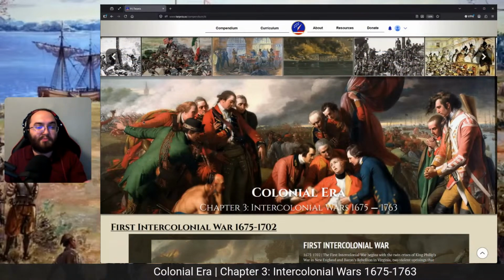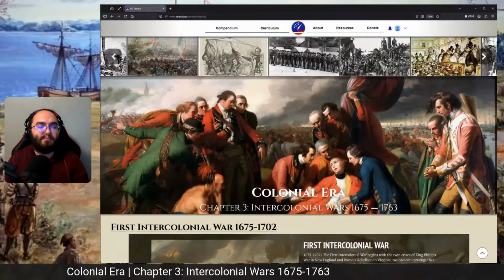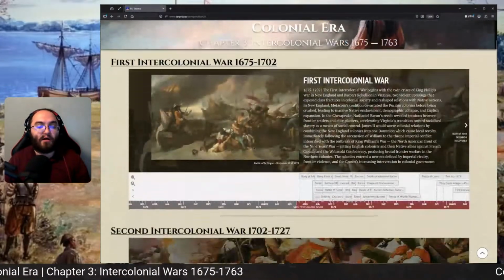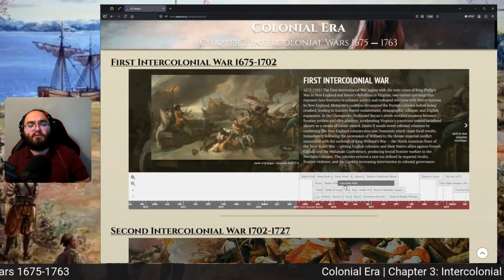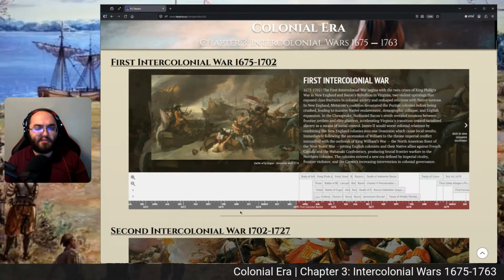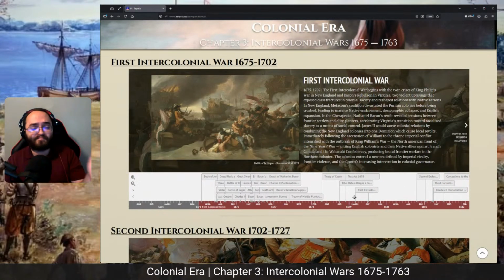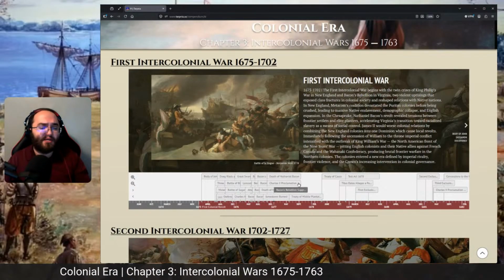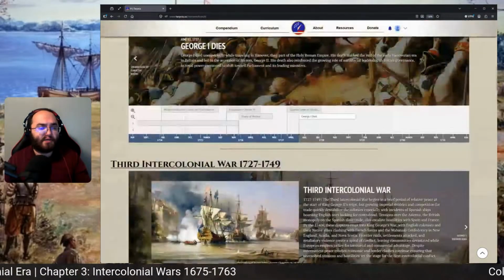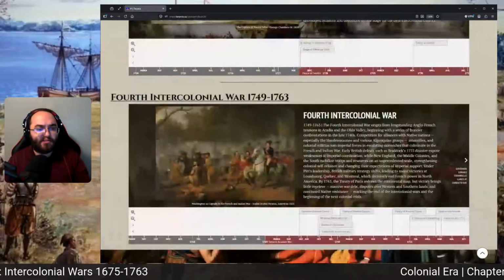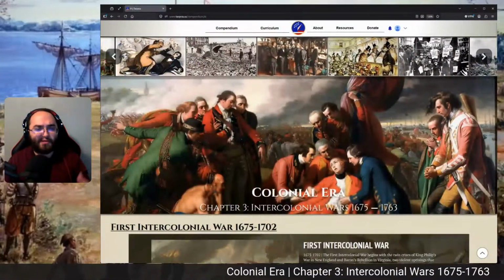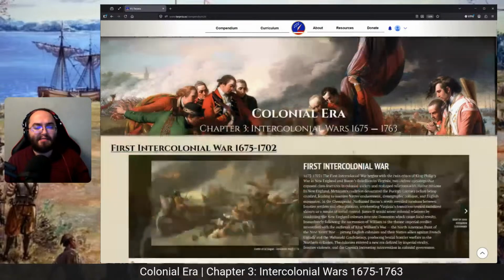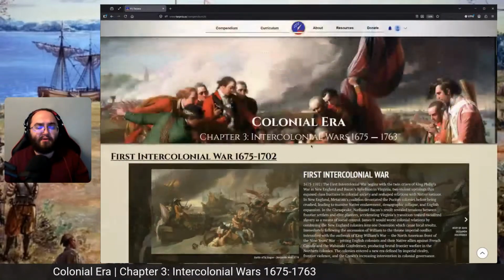And this is chapter 3 of the compendium. The compendium is our library, our online and free to access library of primary source documents and historical events that are organized in this interactive timeline format. And so you can go through, read all these documents, read about all these events in a pretty well organized manner.